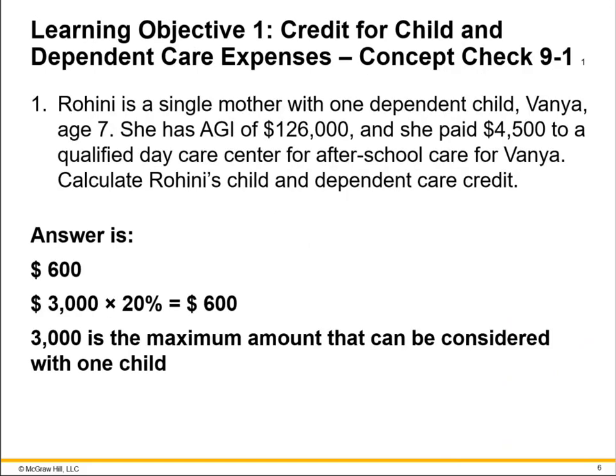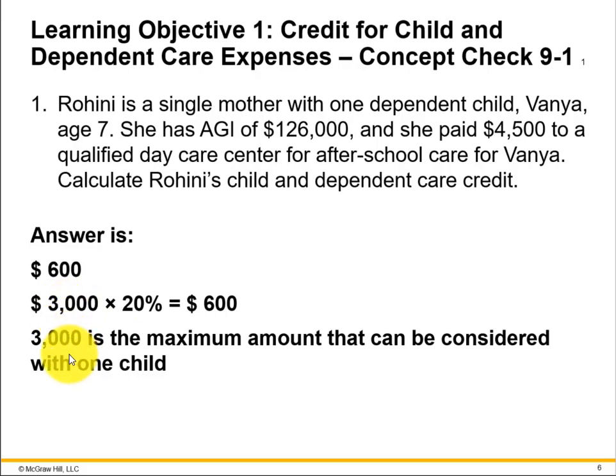So some examples. Single mom, so we don't have a second spouse. We don't have to worry about that. We have one child, one qualifying individual. Her AGI is 126,000, so she's well over the 43,000, but it still qualifies. She paid $4,500 for her daycare, but she can only consider 3,000 maximum. Obviously her income is high enough.